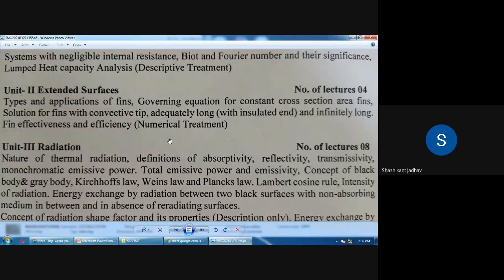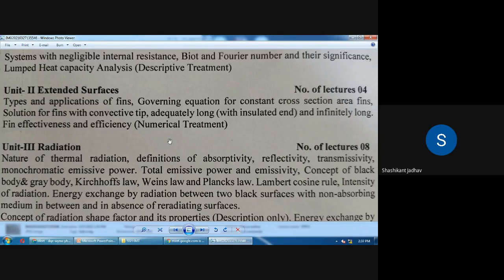Then we have to discuss the governing equation for the constant cross section area of the fin, and in that we have to see three cases. In case number 1 we discuss the infinitely long fin. In the second case, the fin with insulated end.